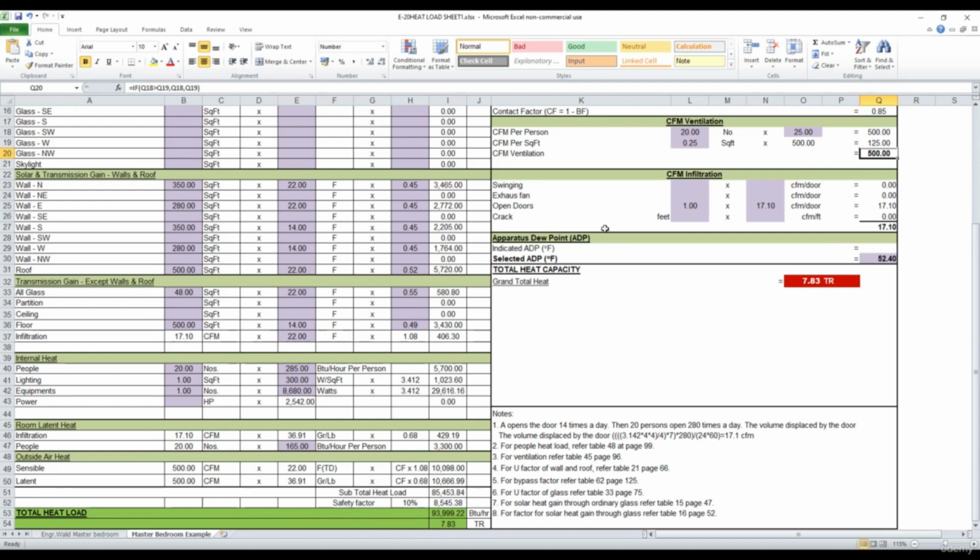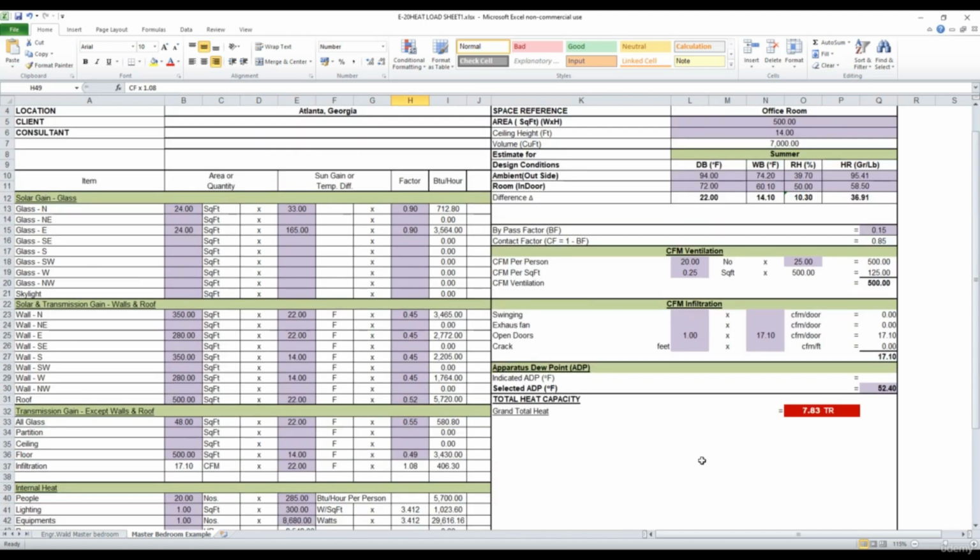Thus, to calculate the sensible heat and the latent heat of the room, we have calculated the airflow required for ventilation is 500 cfm. Now, we know the temperature difference between the inside of the room and the outside ambient is 22°F. Next comes in a parameter which we call a contact factor. Contact factor is 1 minus bypass factor. We have discussed the bypass factor in one of our sessions, where we discussed the ventilation heat load in a room.